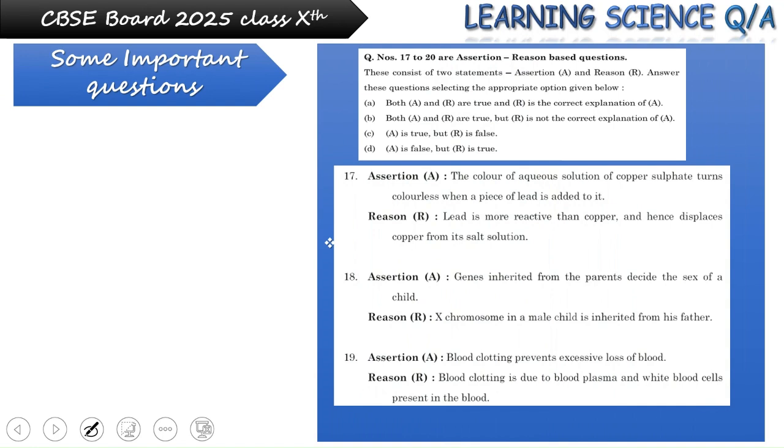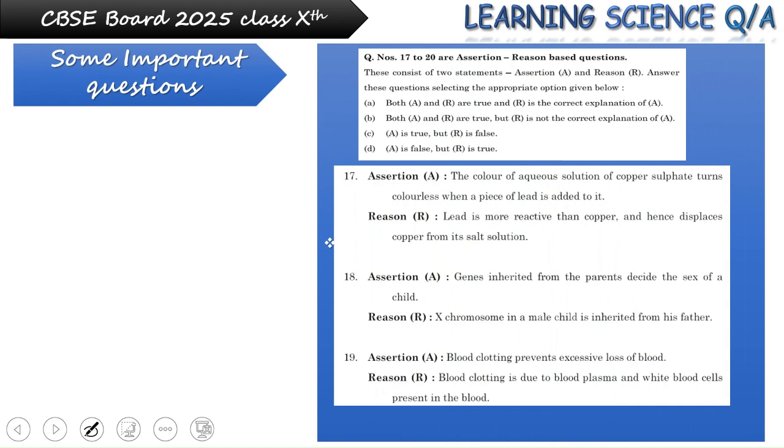So we have four options here: whether both A and R are true and reason is the correct explanation for A, whether both A and R are true but R is not the correct explanation for A. Also, we have A is true but R is false, and A is false and R is true. So let's see the question now.